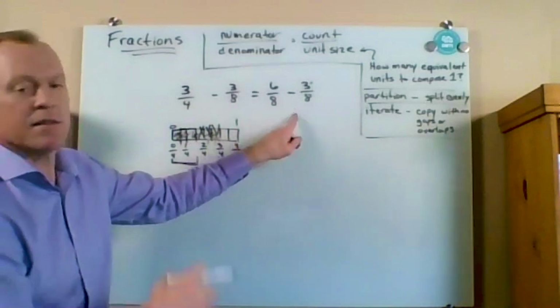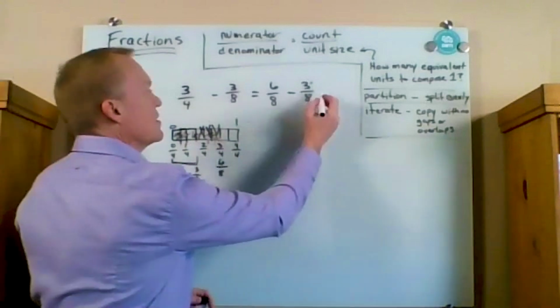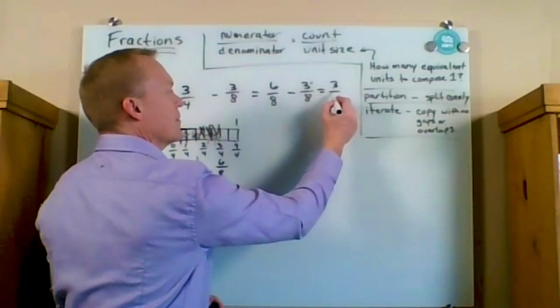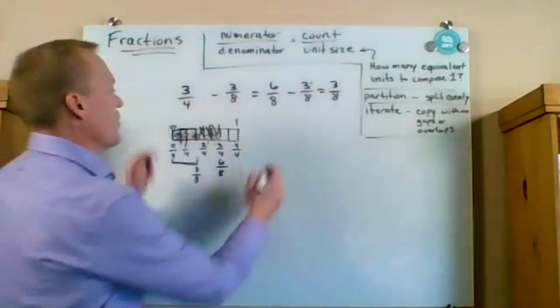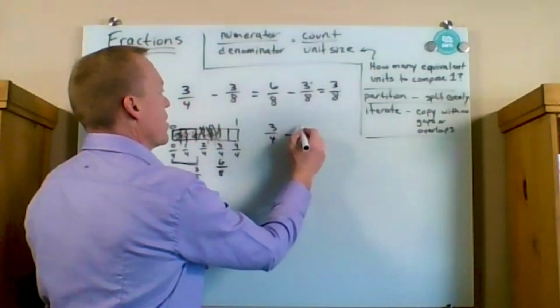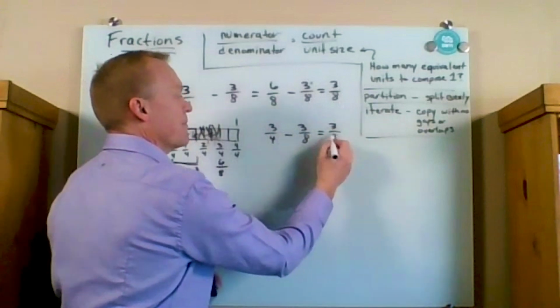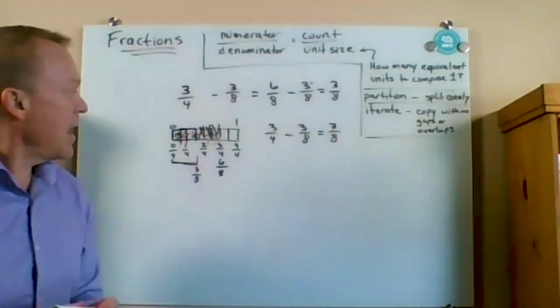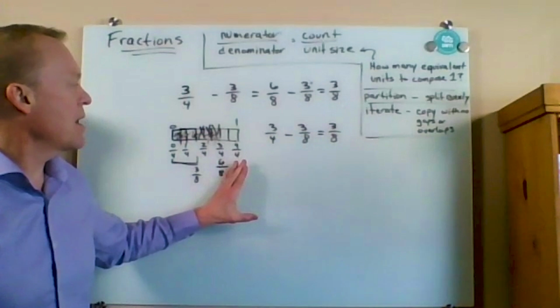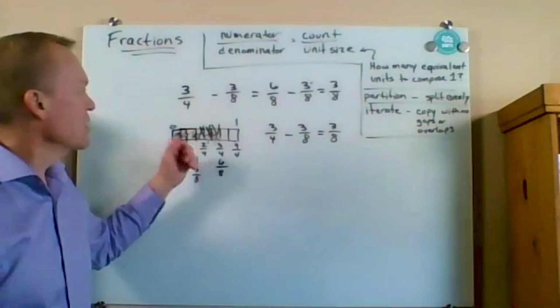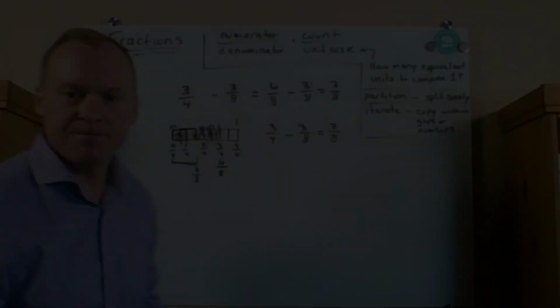So 6/8 taking away 3 1/8 units is going to give me 3/8. So 3/4 subtract 3/8 gives me 3/8. Okay, that is how we model and describe subtraction of fractions with unlike denominators.